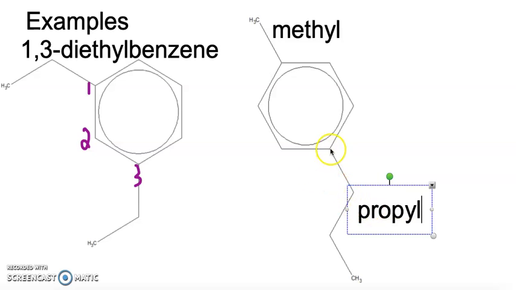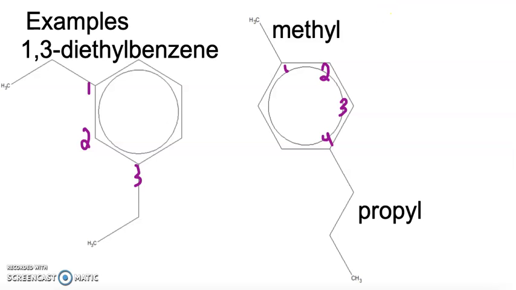So numbering wise, we have to decide if this gets to be number 1 or if this one over here is number 1. So if we think about our alphabet, M comes before P, which is why this is going to be number 1. Okay, it doesn't matter if you go clockwise or counterclockwise, you wind up with that same number of 4 down here for that propyl.